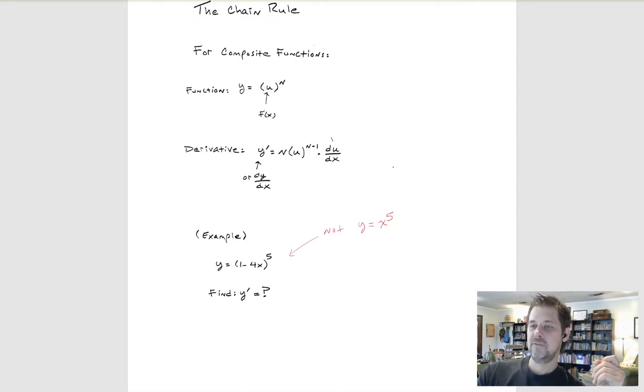If you're more comfortable calling this u prime, being the derivative of u, then you can think about it like that. So n times u to the power n minus 1 times u prime. That's the chain rule. That's how you find the derivative of y is u to the n power.